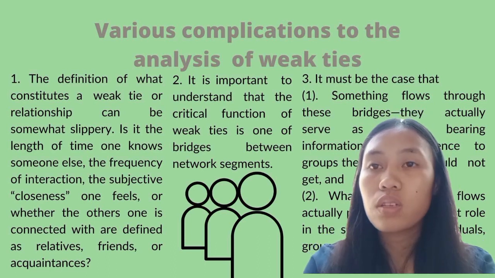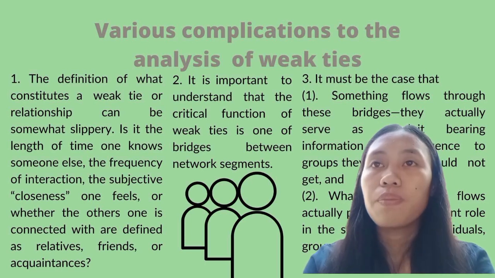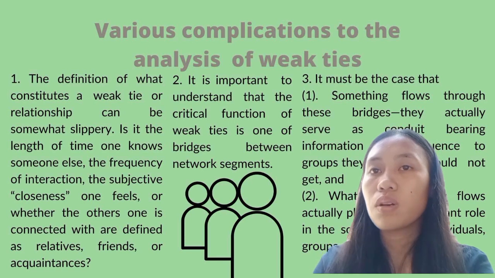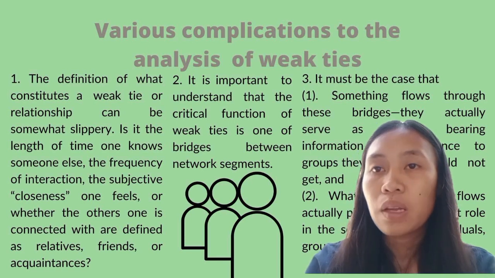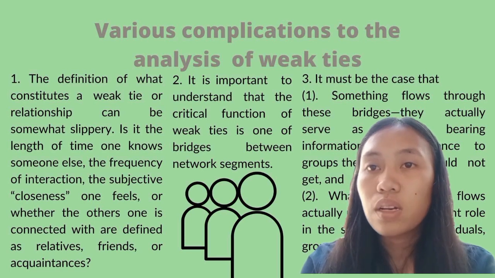The frequency of interaction, meaning how often individuals engage or communicate with each other. The subjective closeness one feels. Pag sinabi nating subjective closeness, ito yung personal perception of being emotionally intimate with someone.